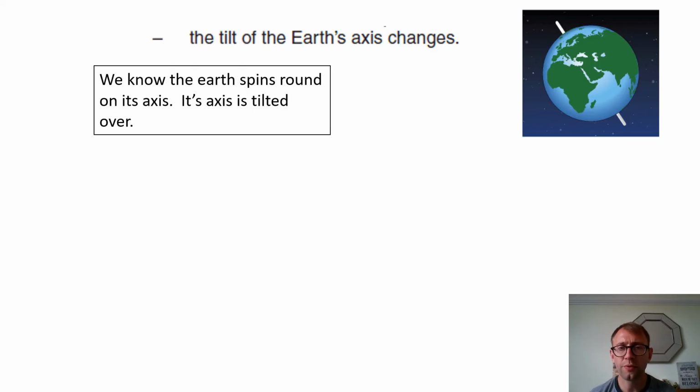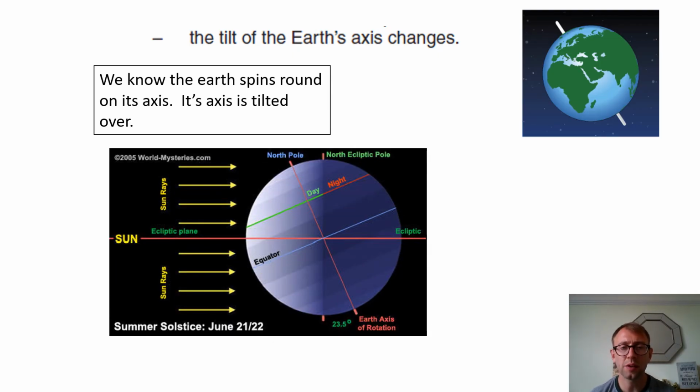Now another type of Milankovitch cycle is the Earth's tilt. So the Earth spins around on its axis and it's tilted over. Now as the Earth spins, over a period of time, this tilt can change slightly. So in the diagram you can see the North Pole pointing slightly towards the Sun, whereas sometimes the North Pole might be further away.